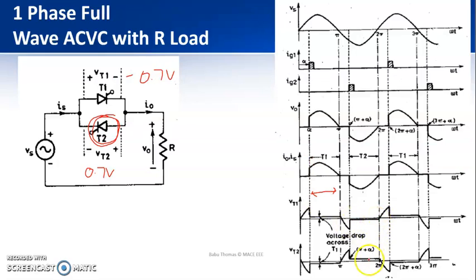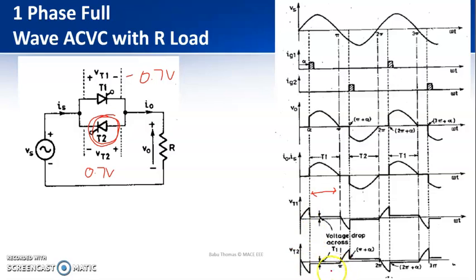The same thing happens over here: whatever voltage drop occurs across thyristor T1, 0.7 volt in the conducting state, appears across thyristor T2 as a negative voltage.